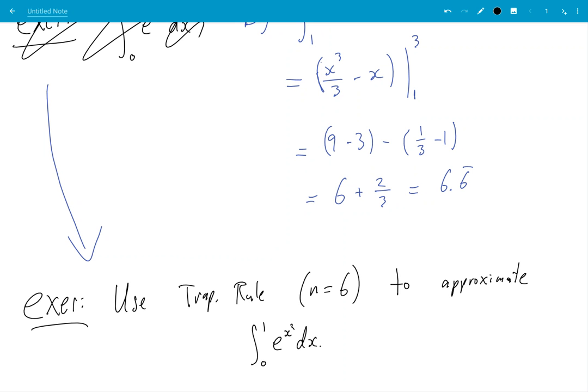Okay, pause, give that a try, and I will go looking for the solution and post it on the screen here. Looking in the lecture notes. Almost got it, don't worry.